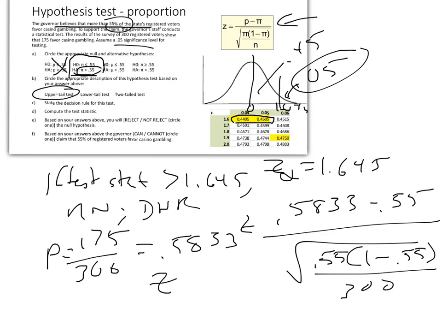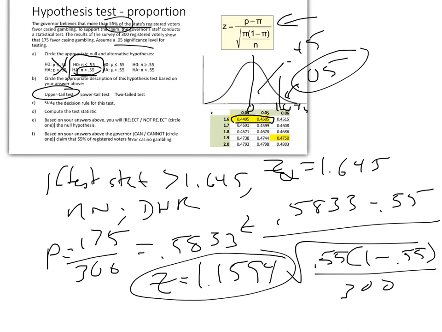Our z value for our test sample is 1.1594. That is less than 1.645.